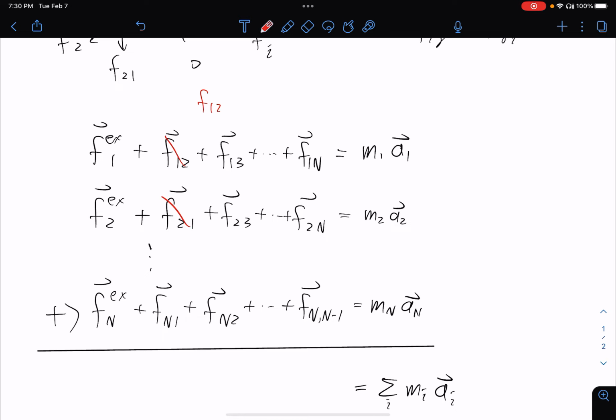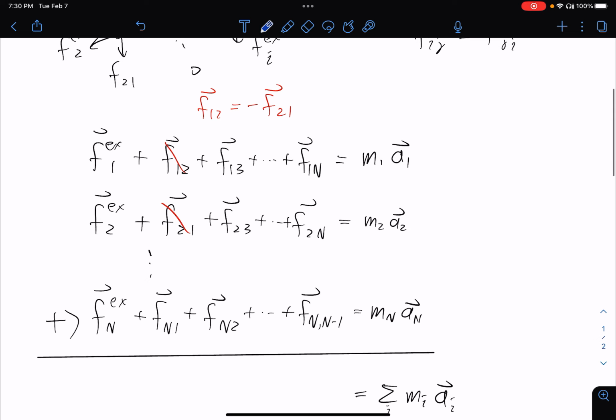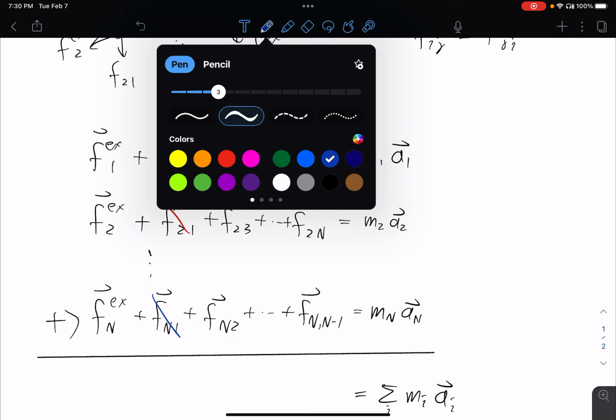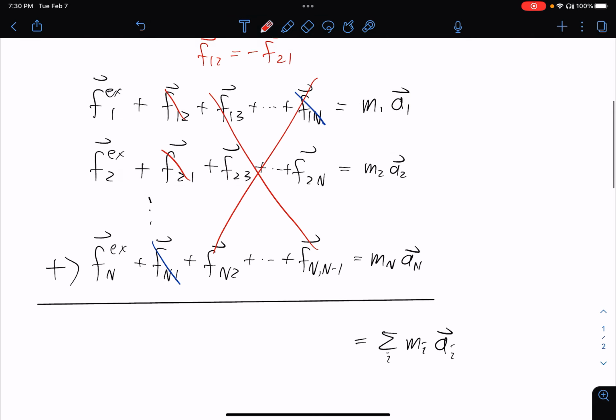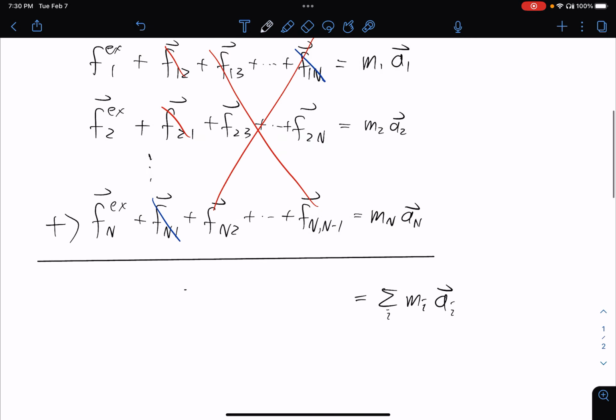So when we sum them, these two terms will cancel each other. Similarly, the force of 1 on n will cancel the force of n on 1. And when we sum all the forces, every internal term will be cancelled by another force. So at the end, we will get none of these forces, and what we get will just be the sum of external forces, which we call F external, or we can just say the sum of all the external forces.